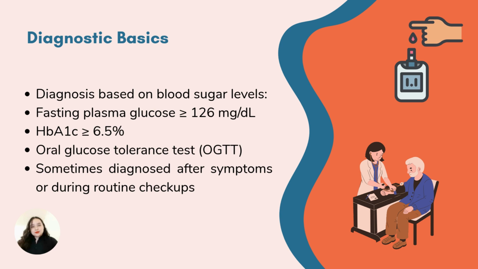Another test is the hemoglobin A1C, which shows the average blood sugar over the past 2 or 3 months. A result of 6.5% or higher suggests diabetes.